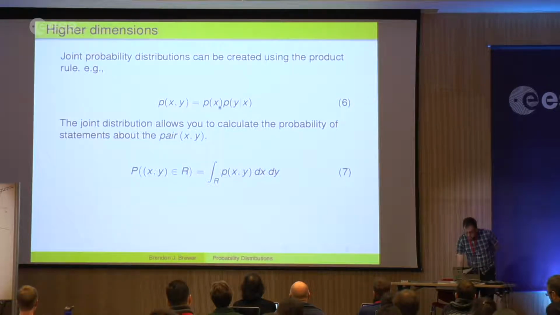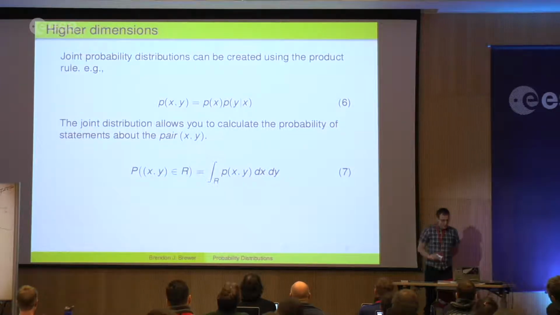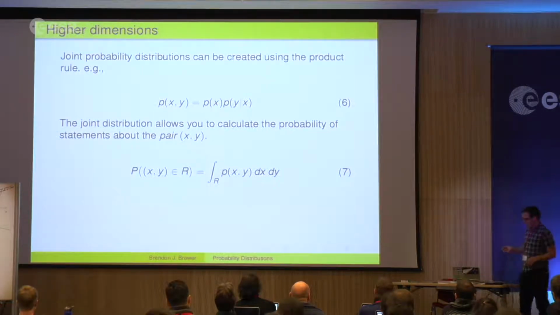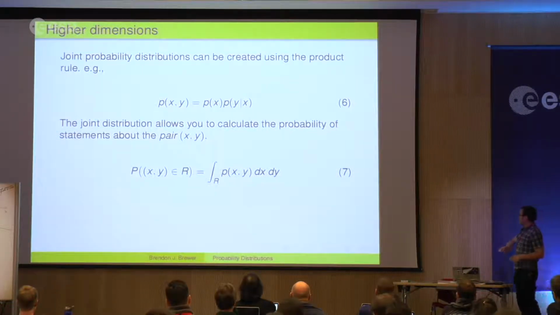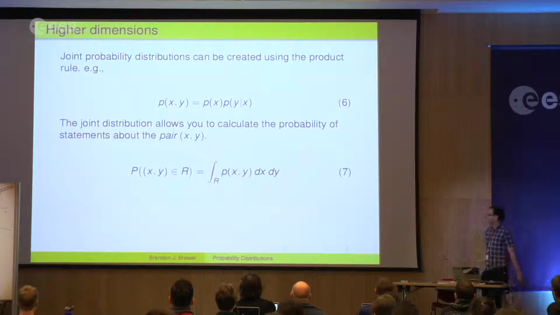And a version of the product rule applies. One of the cool things about probability theory is that all the rules that you learn in terms of probabilities of statements, like the basic stuff we did earlier, have exactly the same form when you come to distributions of random variables.